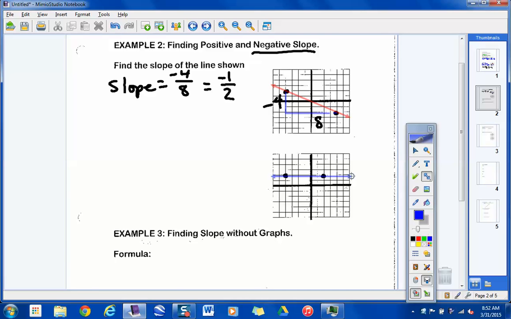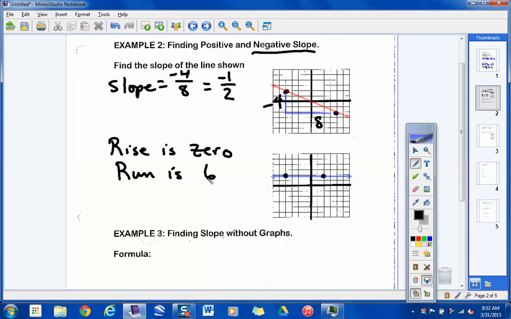Left to right, guys. What's your rise? There is no rise. It's 0, isn't it? How about your run distance? Don't you run 6? Okay, so a rise is 0 and your run is 6.